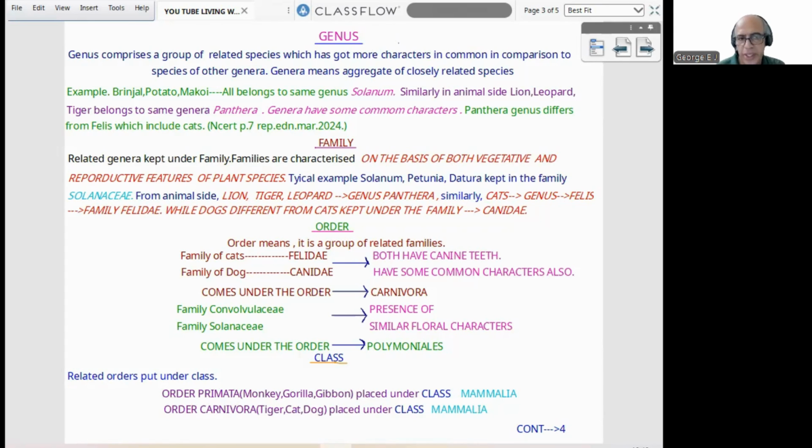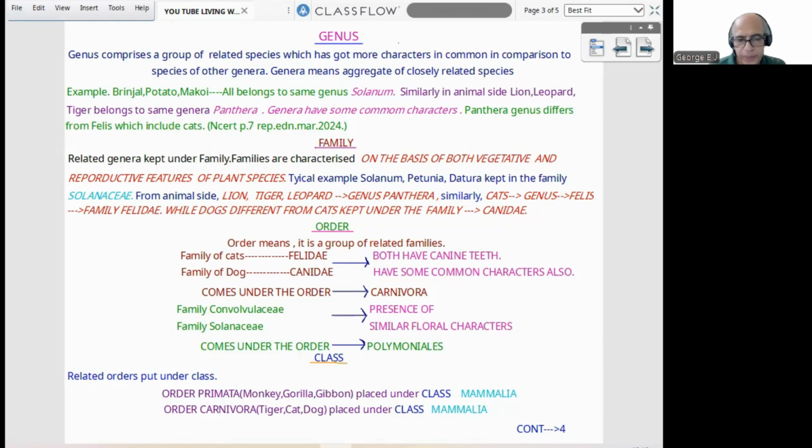Similarly, from the animal side, lion, tiger, leopard, genus Panthera. Similarly, cat, genus Felis. Family Felidae. While dogs are different from cats, kept under the family Canidae. So Felidae and Canidae, cat and dog.